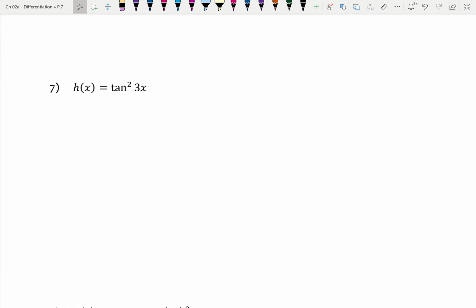Number 7, and ones like it. I need you to see that as a nesting of 3 functions. You have the x that you're multiplying by 3, then you're taking the tangent of it, then you're cubing it. The cube happens last. And the best way to do and see this is to rewrite it as the tangent of 3x squared.